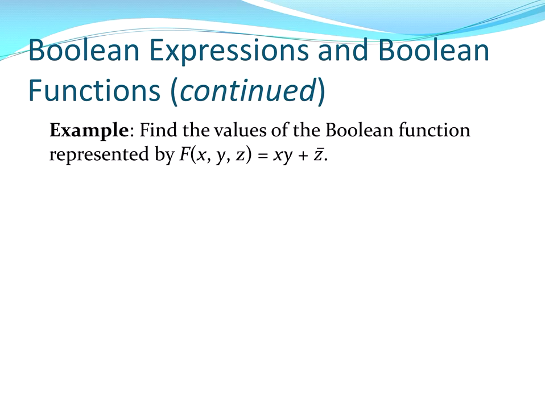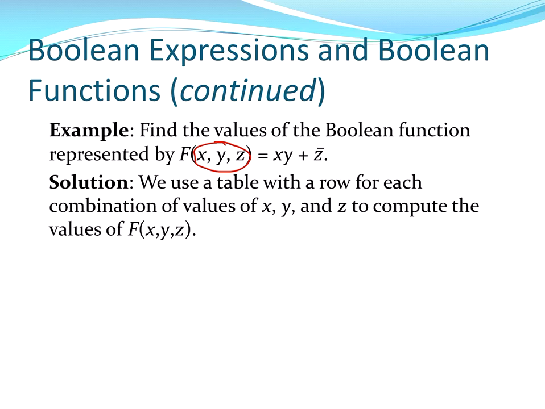If we want to find all possible values of a Boolean function with the variables, we can do what's called a Boolean table. And you will see that this looks a lot like a truth table from propositional logic. Here we have a Boolean function of degree 3 because it's a 3-tuple that is an input. And if we want to see what all possible values it takes on, we'll create all possible values for our 3-tuple.